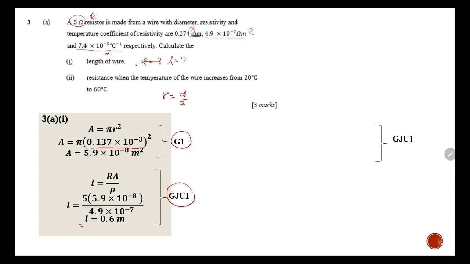Next, the question asks you to calculate the resistance when the temperature of the wire increases from 20, the initial temperature, to 60 degrees Celsius, the final temperature.